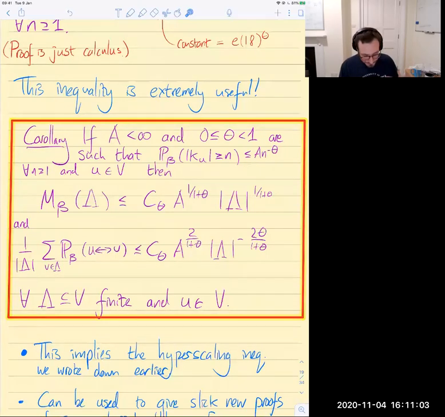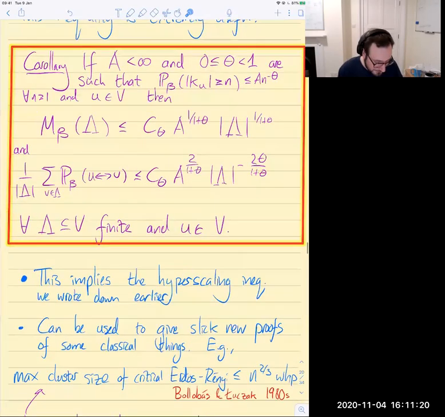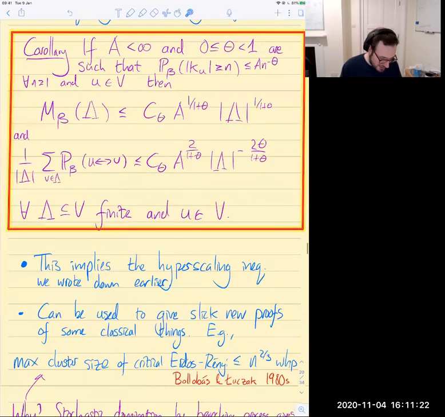If you just plug this in and you remember what the definitions of the exponents are, this inequality is implying the hyperscaling inequality that I wrote down before. But this is cool because it's actually sharp in many examples.